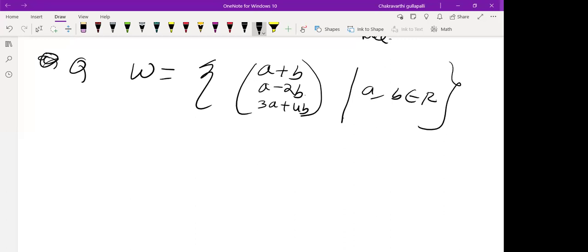The question is, can it be a basis? What is the basis for this? We want to find the dimension of W and the basis.